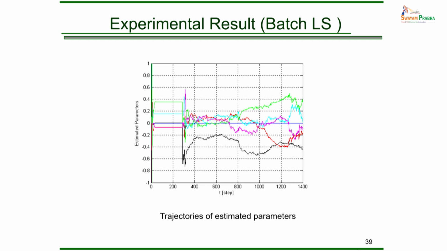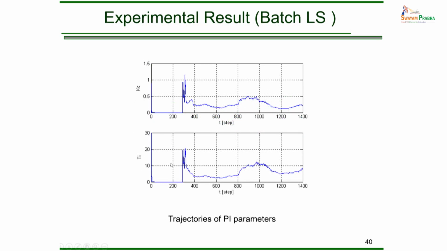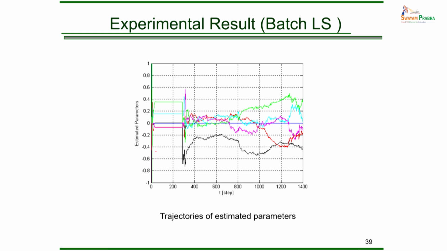Remember that. So here are the trajectories of the estimated parameters. Remember, we are estimating the parameter at each and every sample period. In the beginning, we have to collect data for a certain period before turning the identification algorithm on.